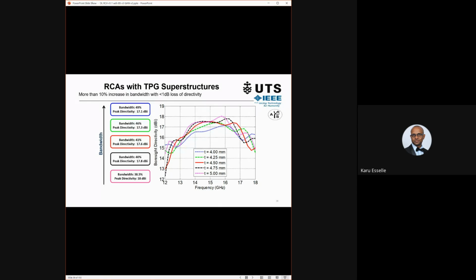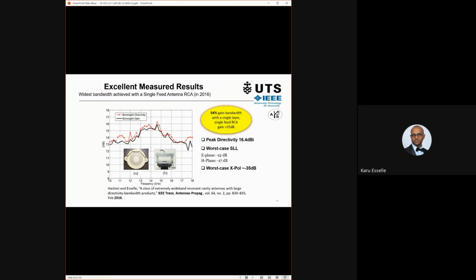You can get more bandwidth by compromising the directivity and gain a little bit by changing the thickness of the superstrate. So you've already seen this antenna, but this is its measured gain and directivity, how it varies with frequency. Variation is less than 3 dB, peak directivity 16.4 dBi, cross-polar levels, and the 3 dB gain bandwidth is 54%.